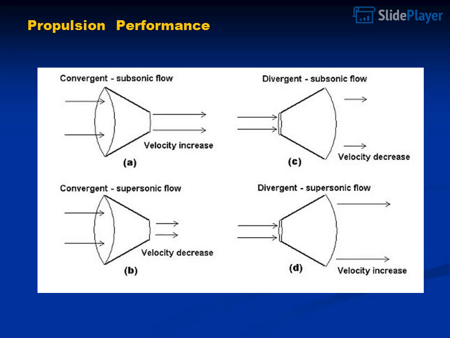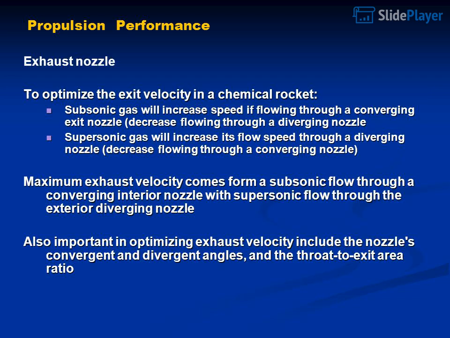Propulsion performance. Exhaust nozzle. To optimize the exit velocity in a chemical rocket, subsonic gas will increase speed if flowing through a converging exit nozzle, and decrease flowing through a diverging nozzle.